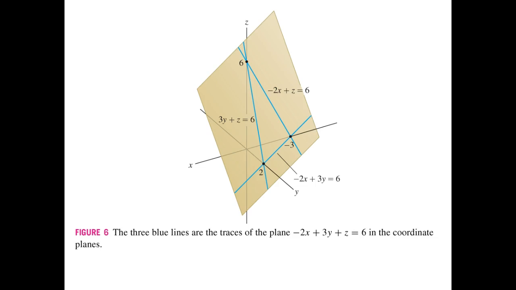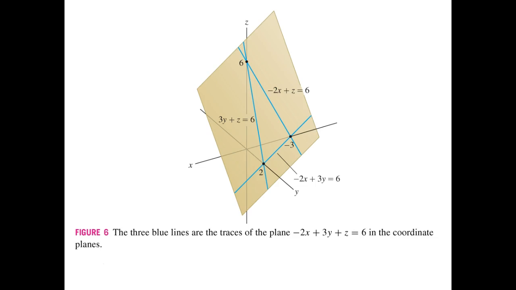Let's initially pick some points. Okay? Be clever about it. Let's put x and y equal to 0. That means z is equal to 6. When x is 0, y is 0, z is equal to 6, that point's on the plane. Right? And let's do the same here. Let's let y and z be 0. Minus 2x is equal to 6.